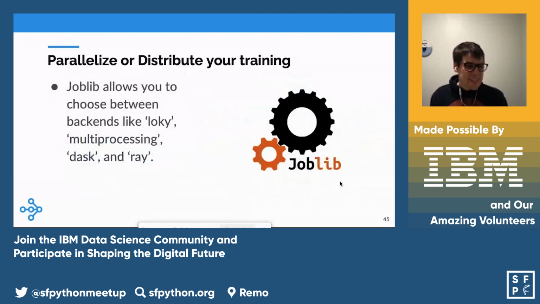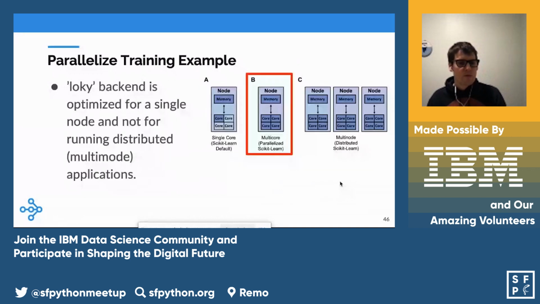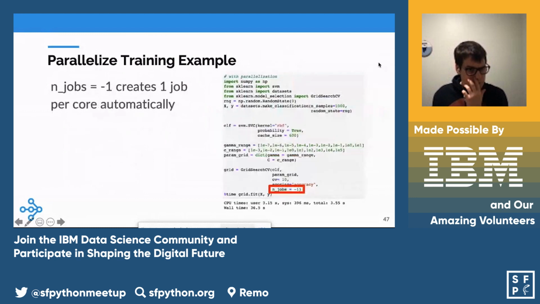And this is really easy. joblib has backends like Loky, multiprocessing, Dask, and Ray. Loky allows you to transform your single core to multi-core, but it's not, however, for using distributed Scikit-Learn. But for most everyone here, most likely you'll be fine using the default backend.